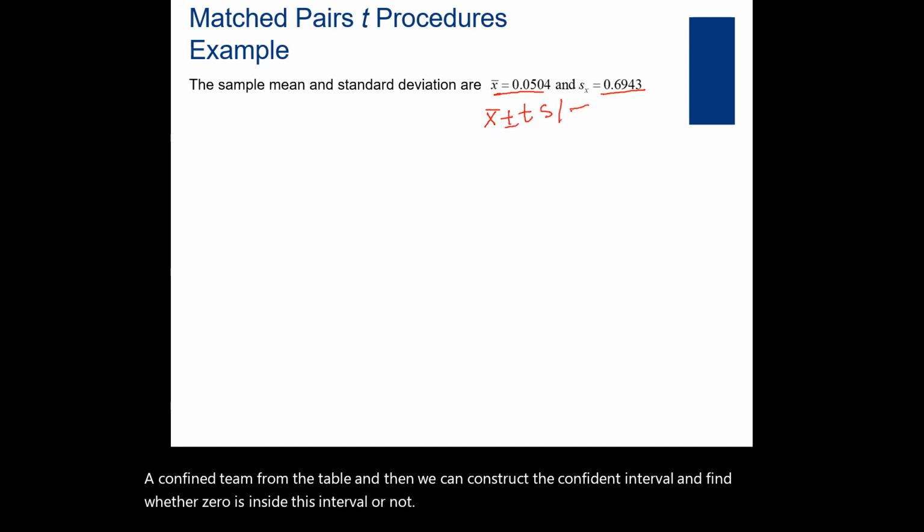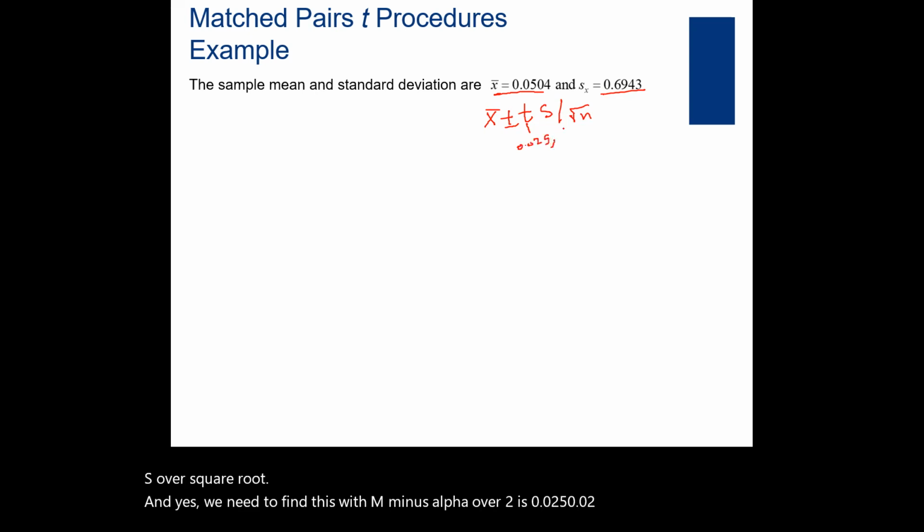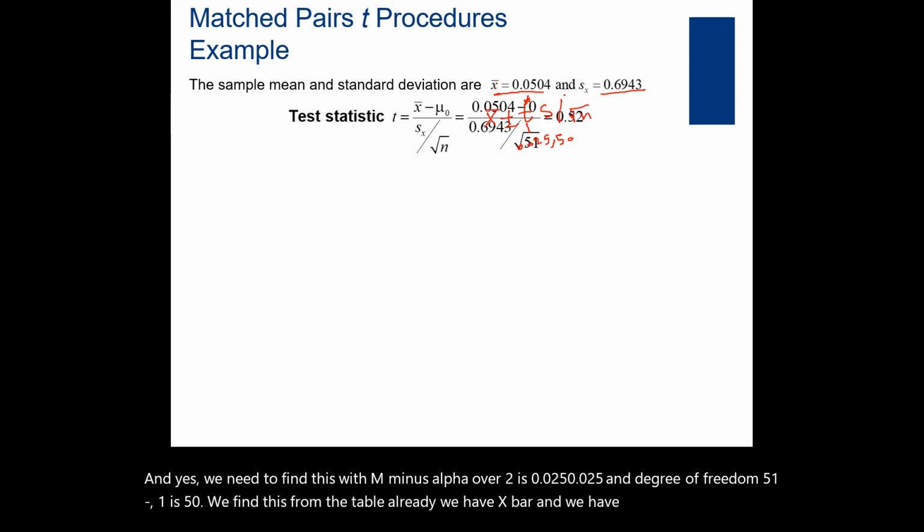S over square root N. Yes, we need to find this with alpha over 2, which is 0.025, and degrees of freedom 51 minus 1, which is 50. We find this from the table. Already we have X bar and we have S. Okay, so this is the other method.